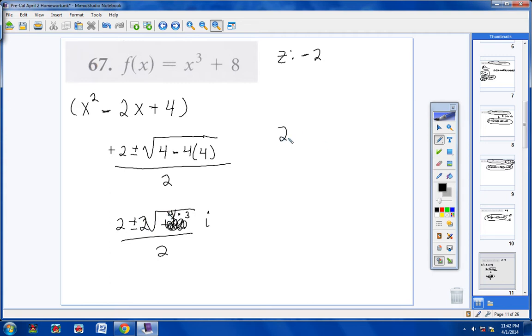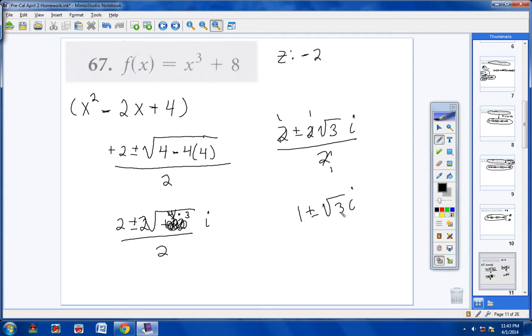So now we're left with 2 positive negative 2 square root of 3 i, all over 2. Now notice your outside numbers are 2, 2, and 2. So 2 goes into each of those numbers one time. And now we're left with 1 positive negative square root of 3i. Okay?